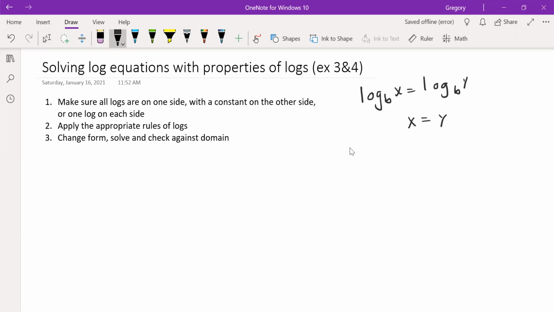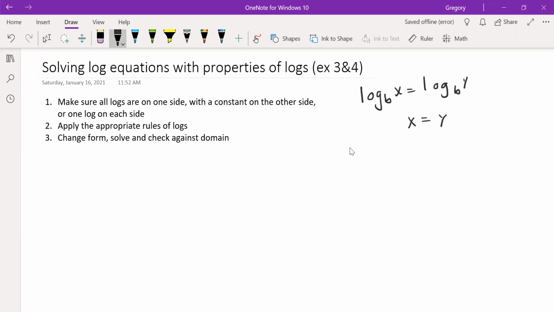In other words, if you have a log on each side of the equation, then you can effectively just cancel the logs out. As I say cancel in a loose sense, you're not actually canceling anything. You're actually applying a definition. The effect is something like canceling, though. I don't want anyone to think I'm actually canceling anything out.